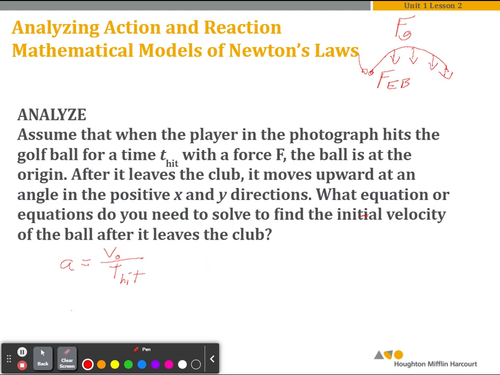The second one is that the acceleration is equal to the force divided by the mass of the ball. And the second one should look familiar, because that is just a rewriting of Newton's second law of motion, F equals ma.